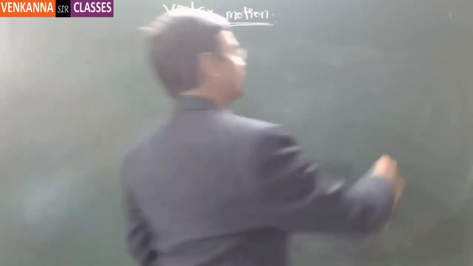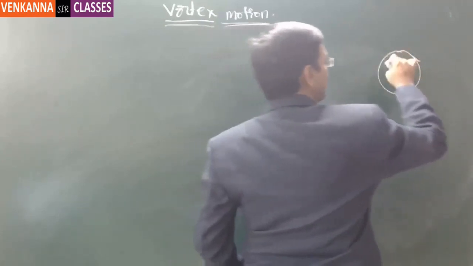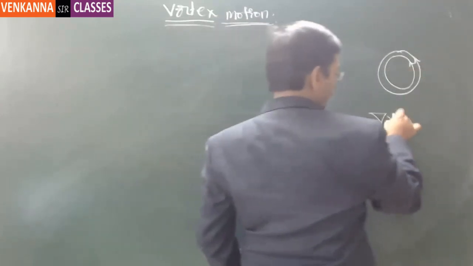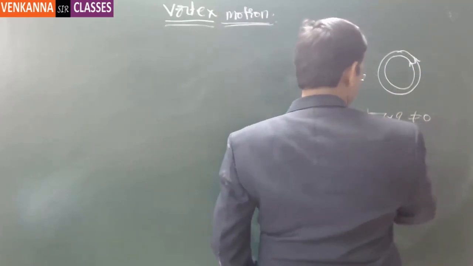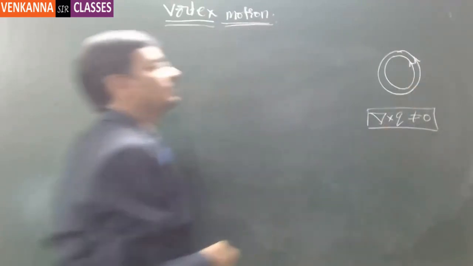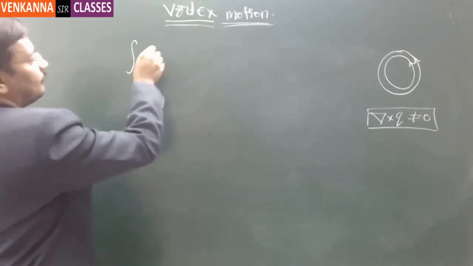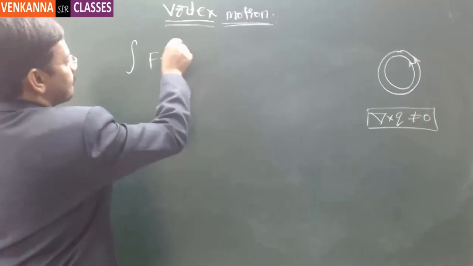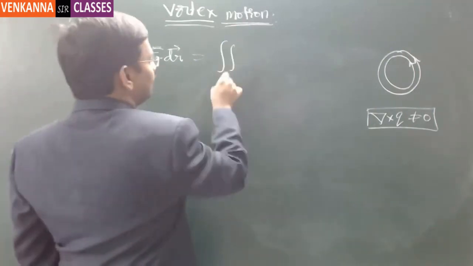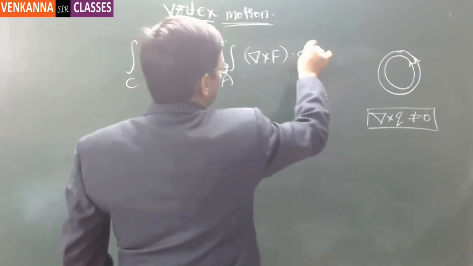Now, in the case of circulation flow, the circulation is happening like this, and this flow is due to del cross q not equal to 0. Usually we represent the circulation using Stokes theorem, which says that the closed line integral of f dot dr is equal to the area integral of del cross f dot ds.